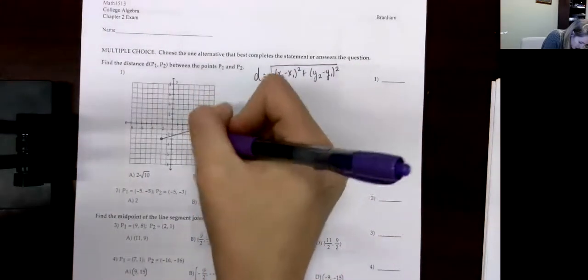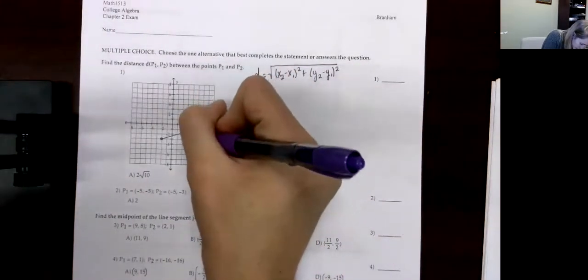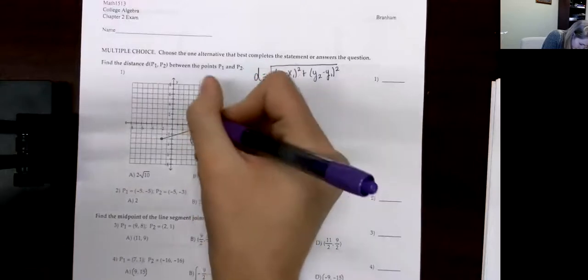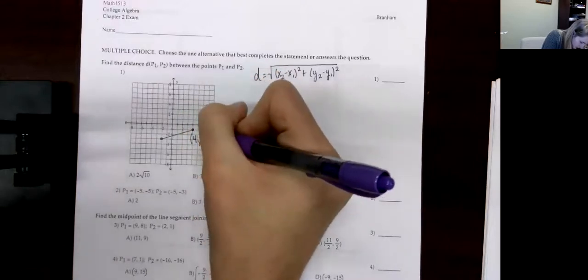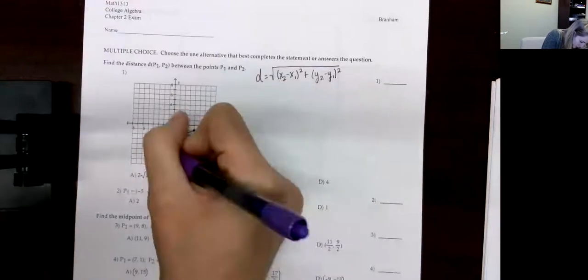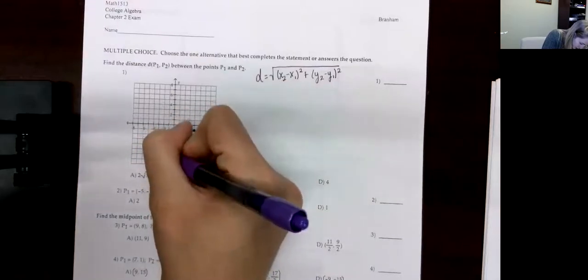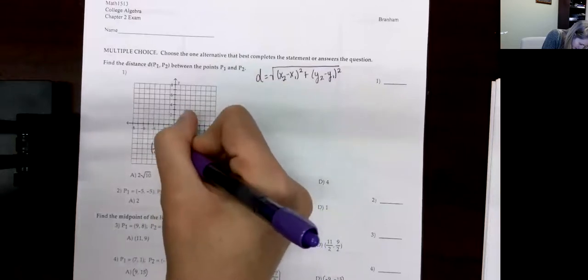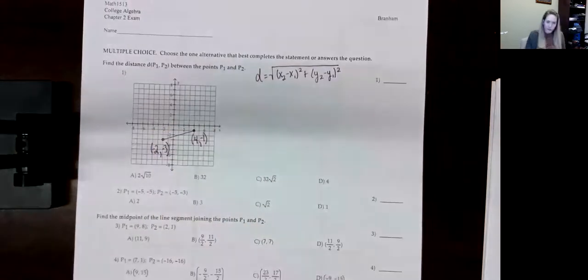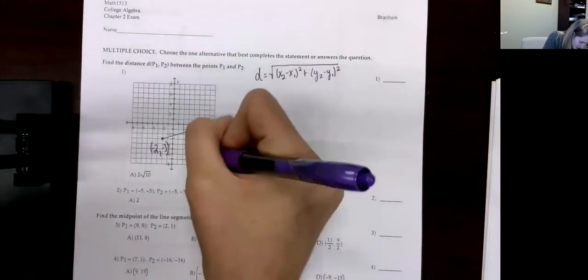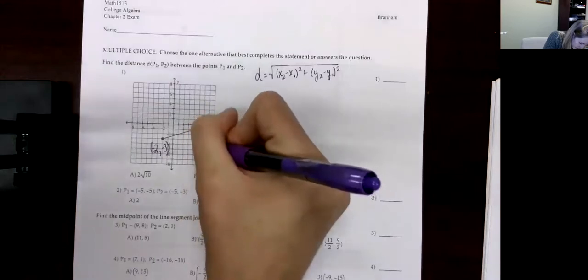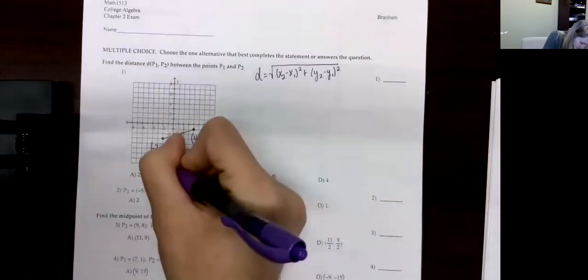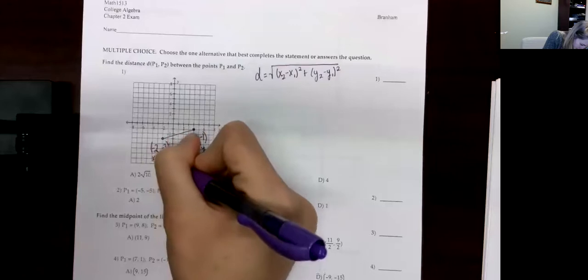So this point right here, our x value is 4, and our y value is -1. This point here, our x value is -2, and our y value is -3. So once we have those 2 points, go ahead and decide which one's point 1 and point 2. So we'll say this one is x1 and y1, and this one can be our x2 and y2.